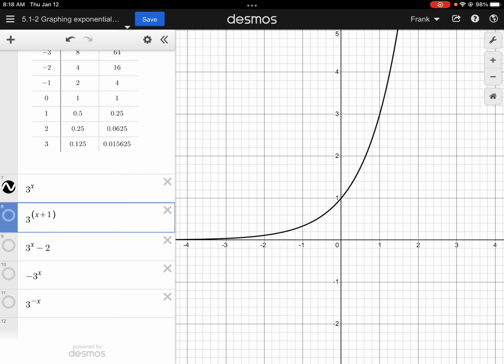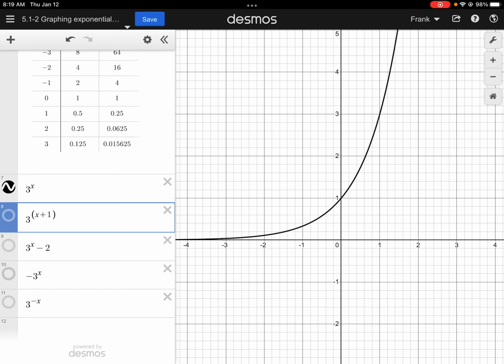Now the next one, 3 to the power of x minus 2. So now we're subtracting 2 outside our function. And you can see our function shifts down. So if we're subtracting outside our function, the function shifts down. If we were adding, it would shift up. Let's look what happens when we have a negative sign out in front of this function, negative 3 to the power of x.